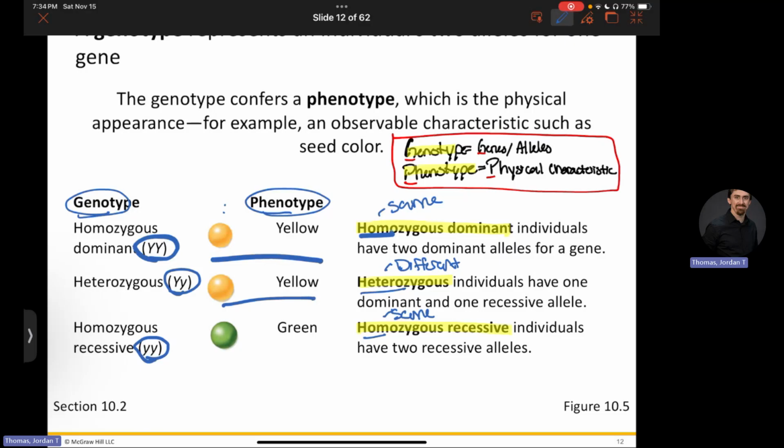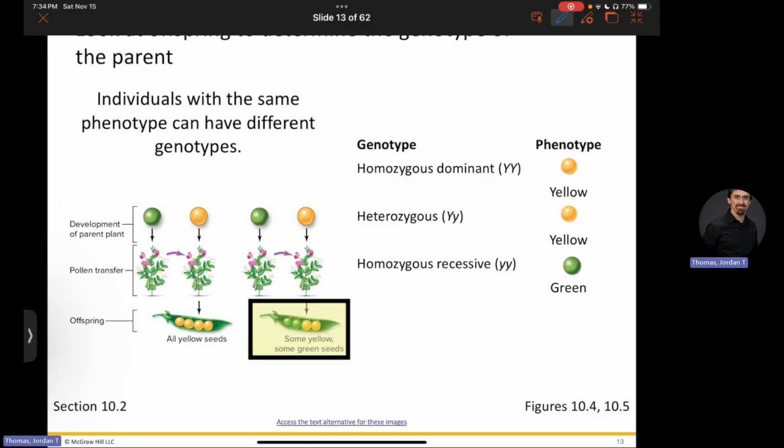Because it has two recessive alleles and no dominant, we finally get the recessive trait, which is green. So homozygous means same, heterozygous means different. Homozygous dominant means two dominant alleles. Homozygous recessive means two recessive alleles. And if you're homozygous recessive, you're going to show the recessive trait, in this case, green.